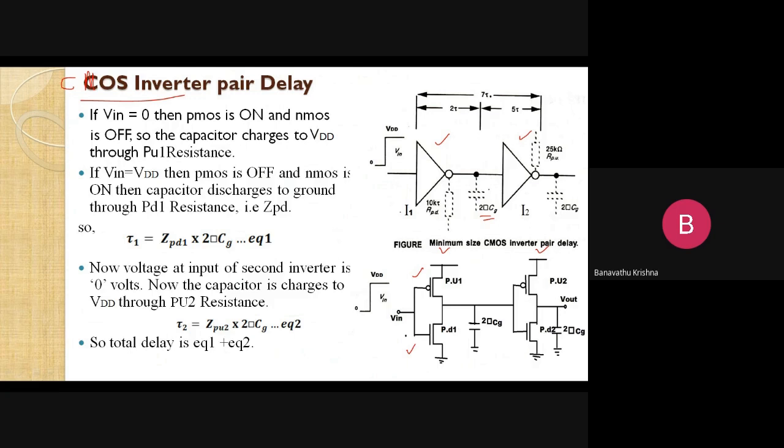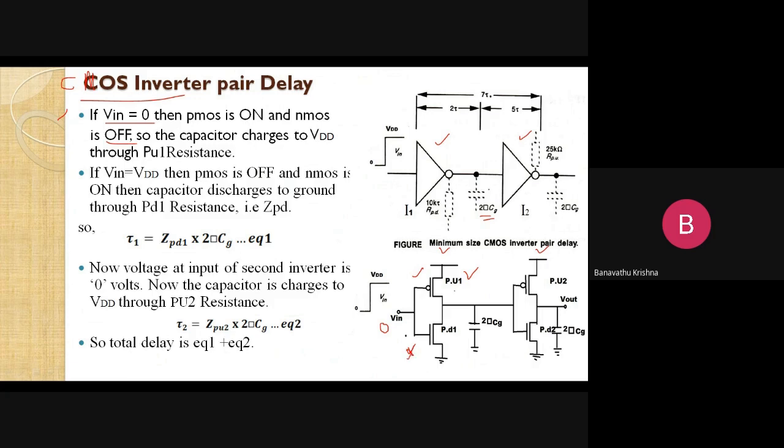So before going to the operation of the circuit diagram, I want to check this point here. If V input is 0 here, then PMOS is going to be on, nothing but the pull up 1 transistor is going to be on, and NMOS is going to be in the off condition, right?